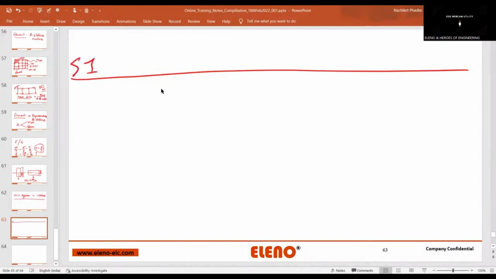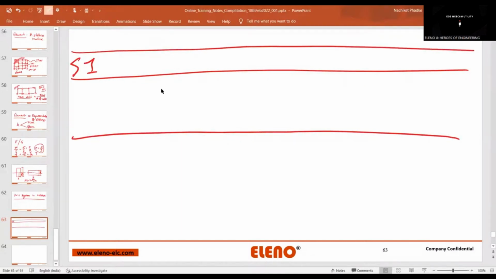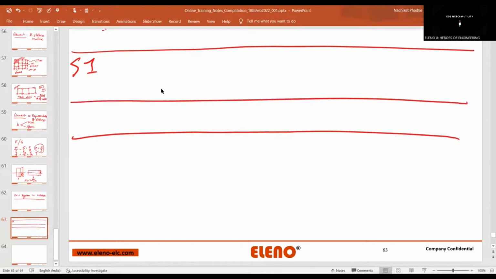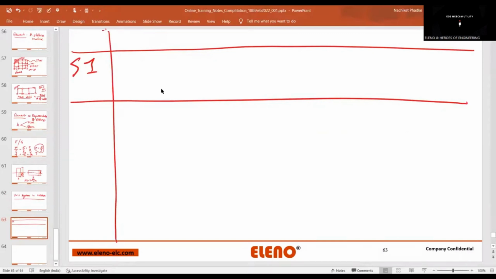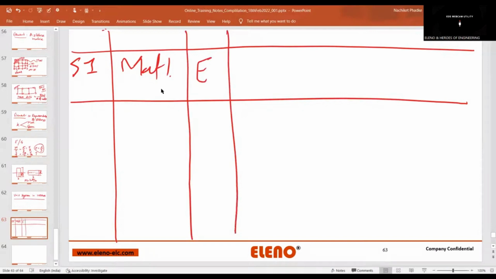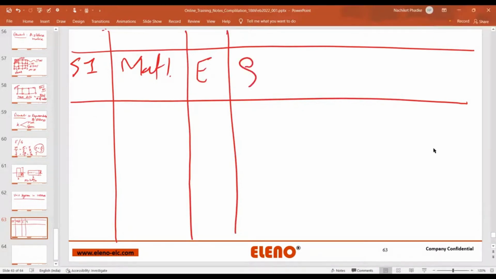So let's say this is SI. This is material, E value, density.